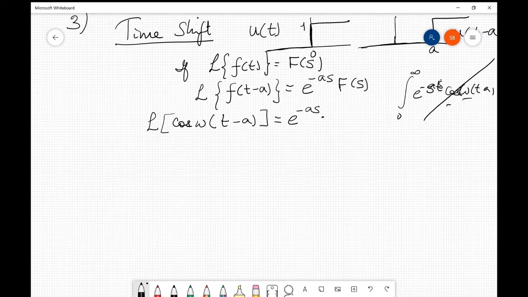In this case F of s is s over s squared plus omega squared. So that would give you s times e raised to minus as over s squared plus omega squared.